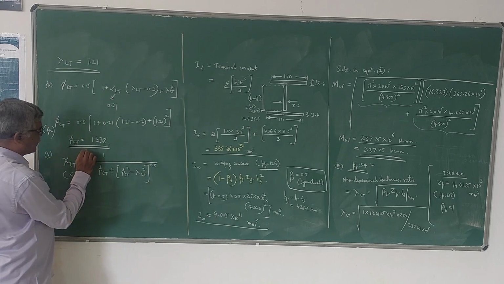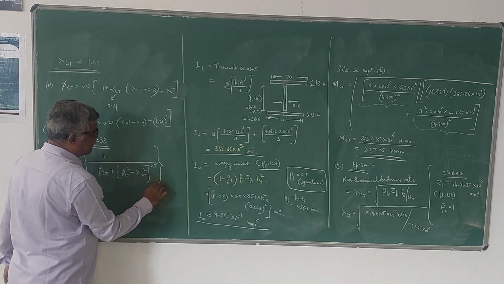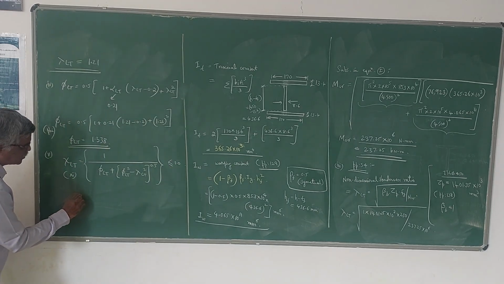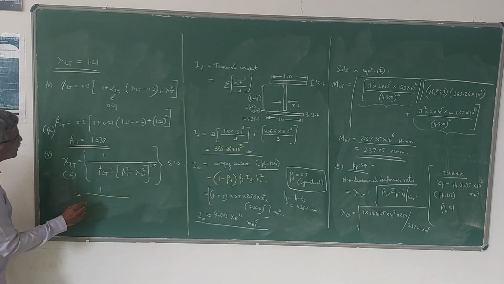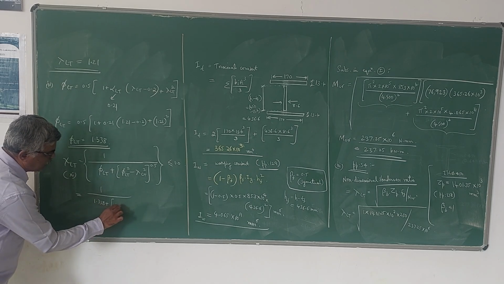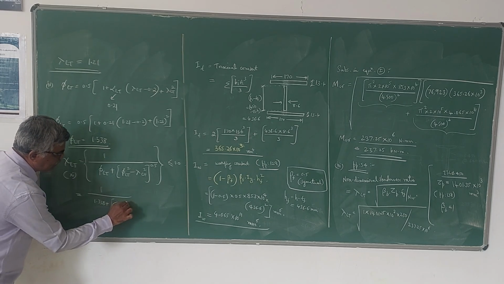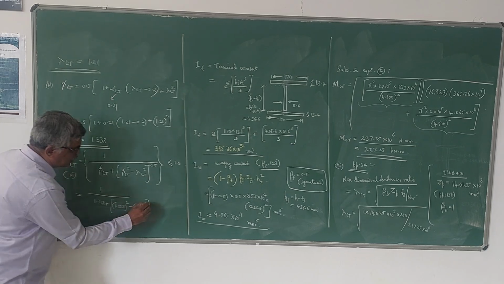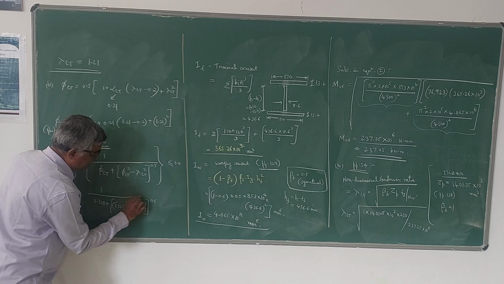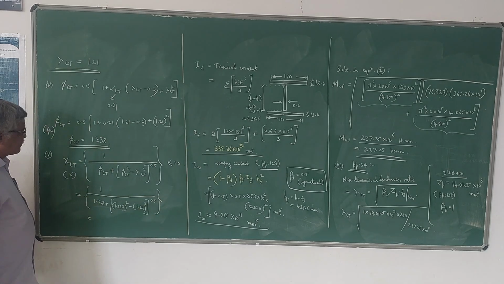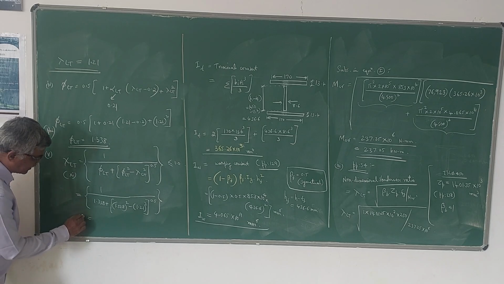Correct? This is the formula, and this should be less than or equal to 1. So 1 divided by 580 is 1.338, plus 1.338 square minus 1.21 square, to the power of 0.5. Simplify this and get the value of Xi LT.